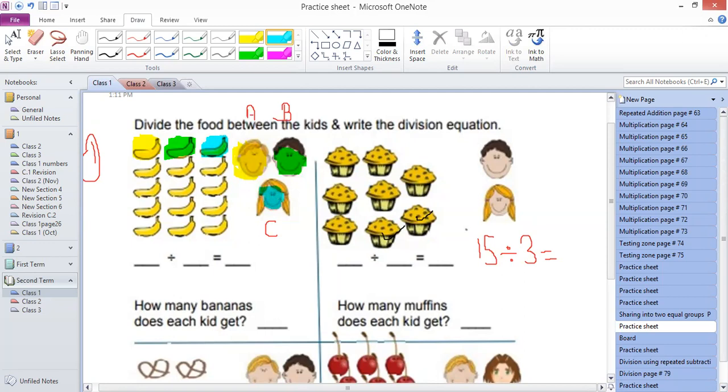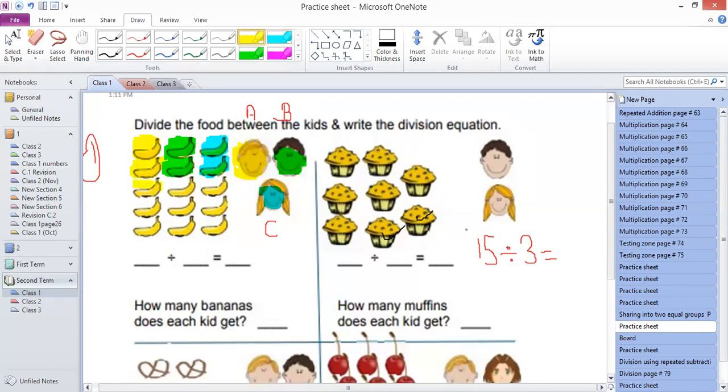Okay, guys. So I gave 1 banana to A, 1 to B, and 1 to C. There are still too many bananas left, so I'll give one more to each kid: 1 to A, 1 to B, and 1 to C. They now have two bananas, but there are still too many left.